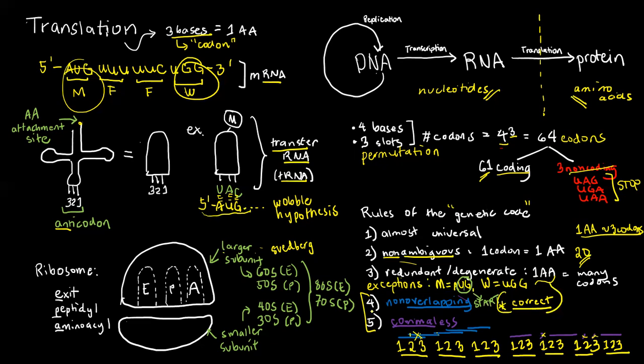That's the way I think 4 and 5 should be combined. Sometimes I call 4 and 5 the rule of linearity, because it should just be continuous, or continuity. But of course, I just use the terms that we find in references. Again, the genetic code should be read without overlaps and without commas.